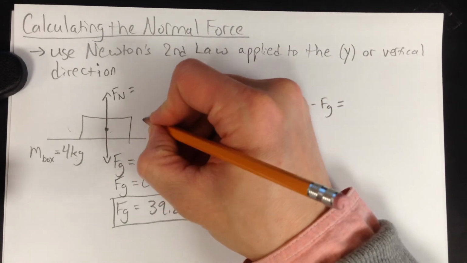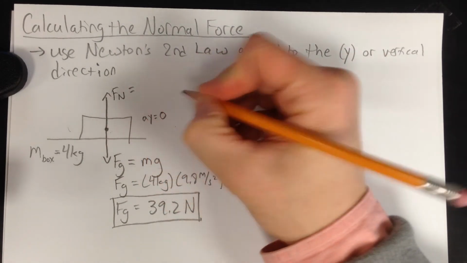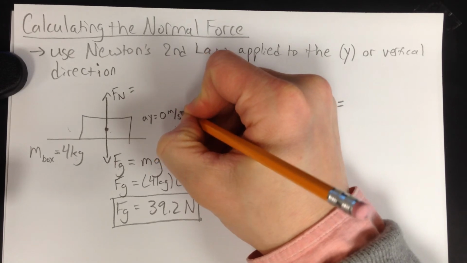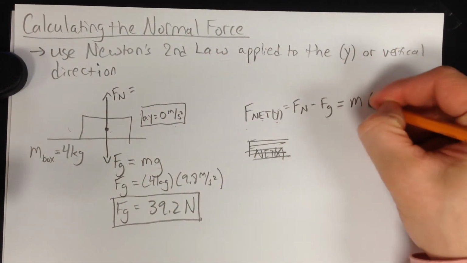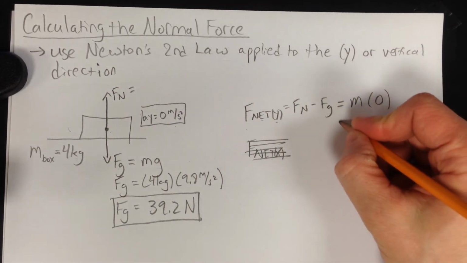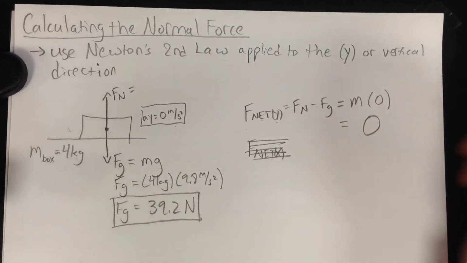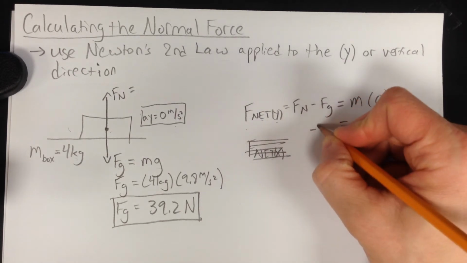And when something remains at rest and it's not on an elevator, ay is 0. So we could say m times 0 is 0. And plug in your Fg.